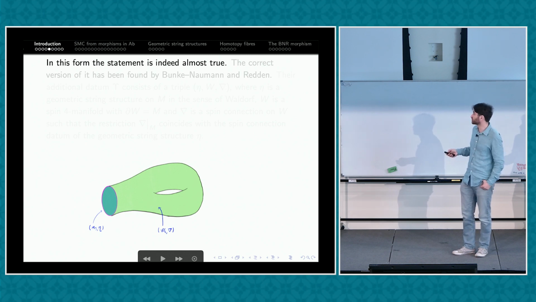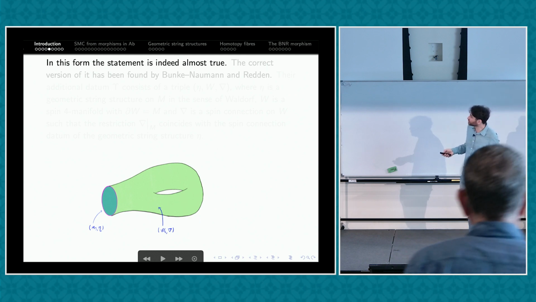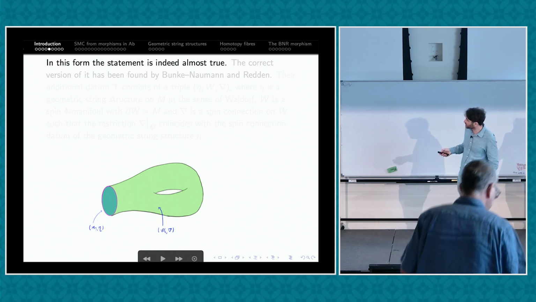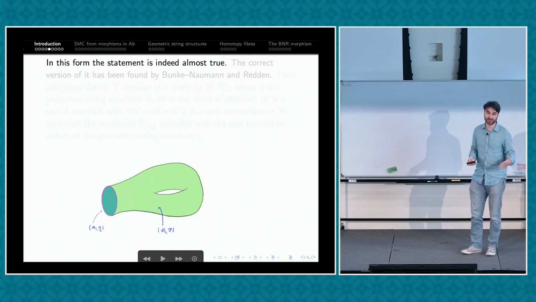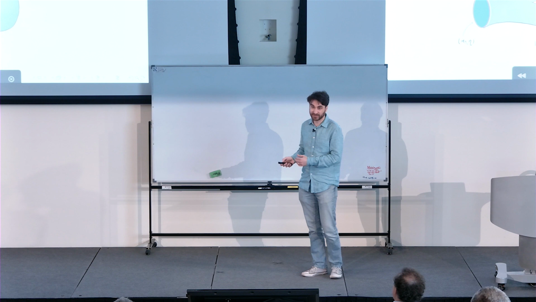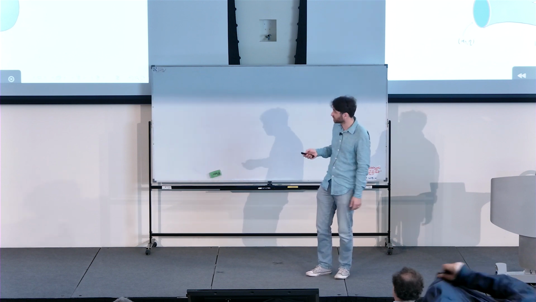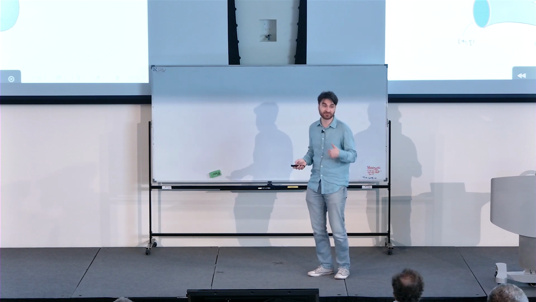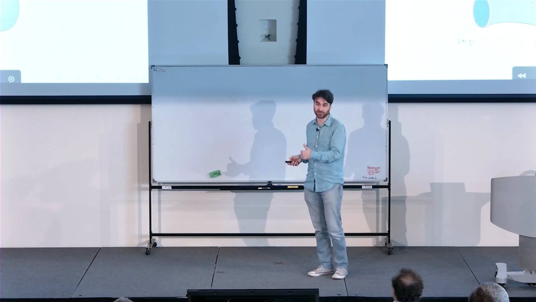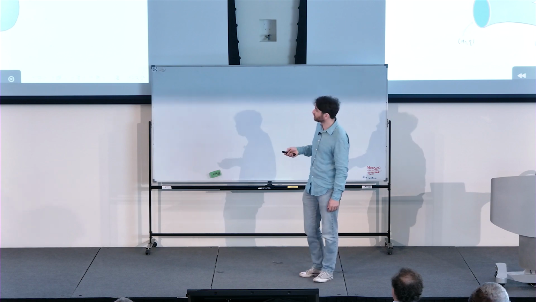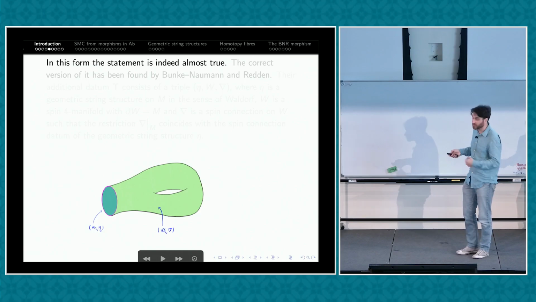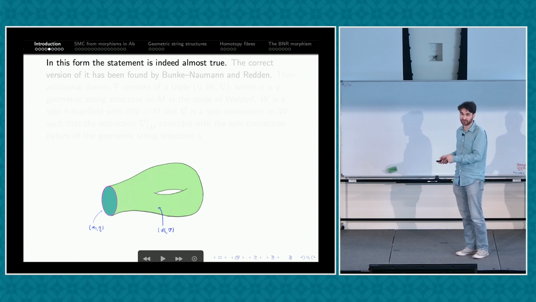And then there is no obstruction in endowing a spin bundle with a spin connection, and also, as we'll see, there is no obstruction in endowing a topological string structure with a geometric string structure. And here there's the subtlety between what is a geometric string structure that makes everything work and what would be a string connection that is possibly obstructed. So this is one of the reasons why a geometric string structure is defined the way it is defined.